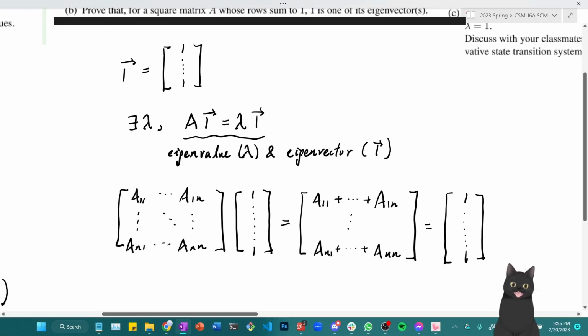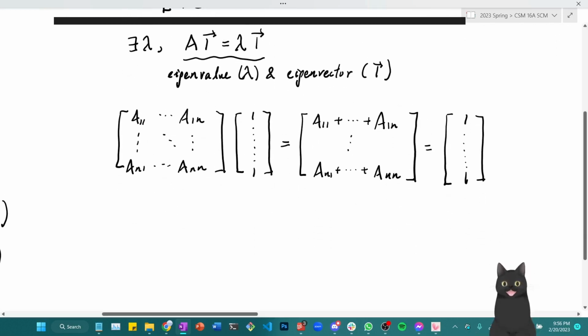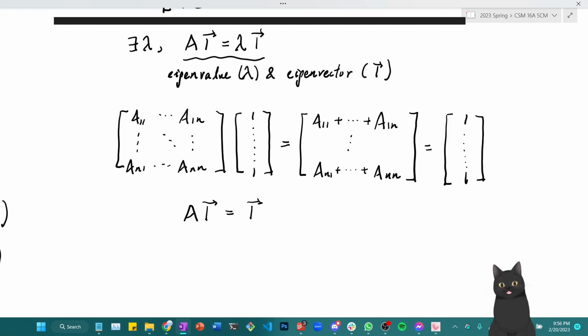Alright, so now that we know that the resulting vector of multiplying matrix A and vector 1 is the vector 1 itself, we see that the equation above can be rewritten as A times vector 1 is equal to vector 1. The eigenvalue here is then equal to 1.